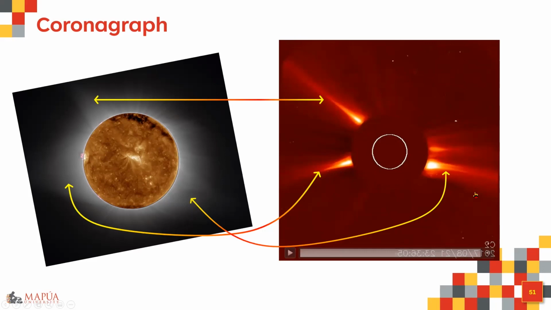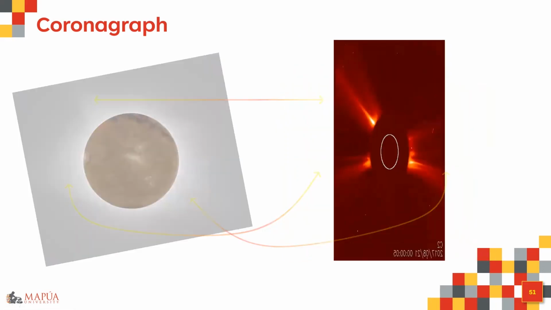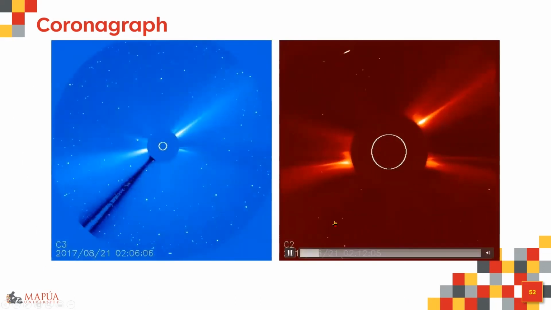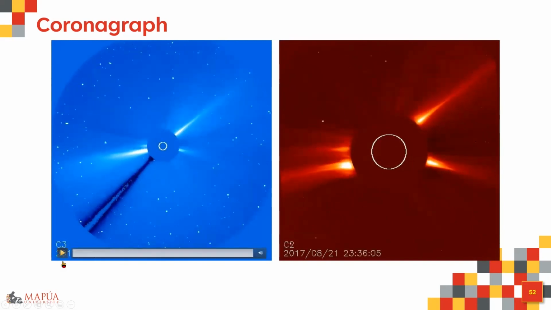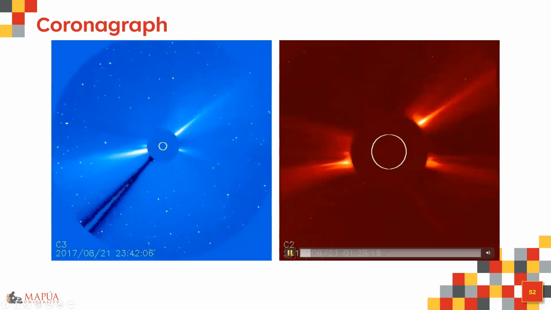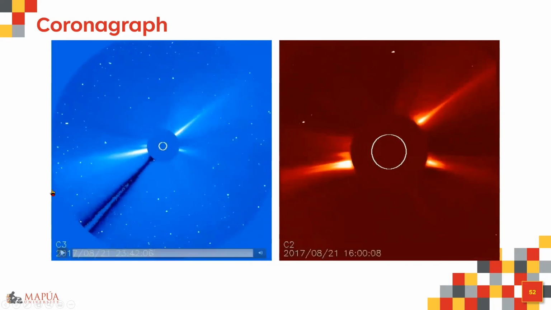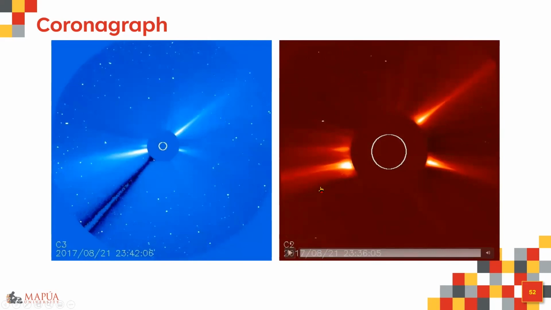Anyway, we can observe another coronagraph. There's another version of the coronagraph with a wider view. We call that the C3. This is C2, and this is the C3 coronagraph. So we can observe the streamer more prominently. We use the coronagraph to observe how plasma is ejected through the sides.